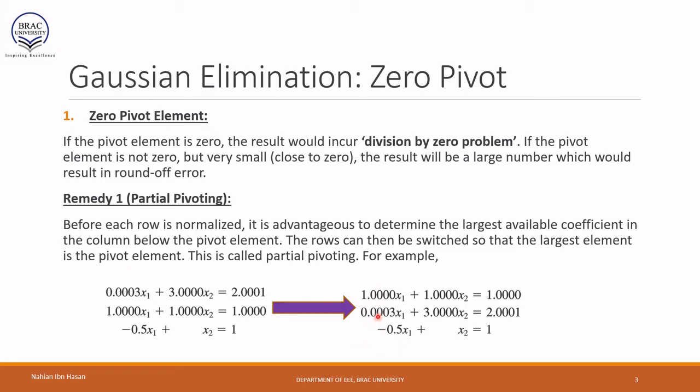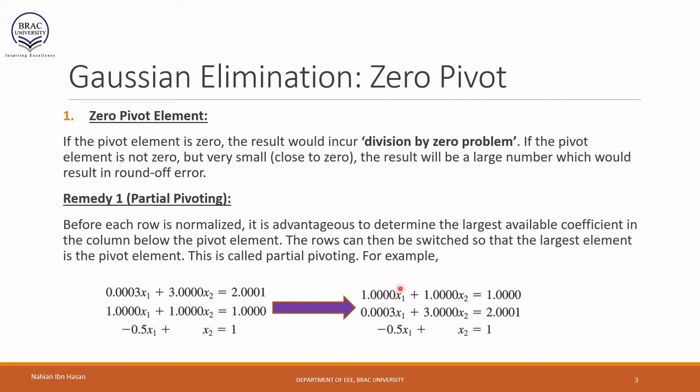Now if we start the Gaussian elimination approach, we have the pivot coefficient 1, and dividing by this value will not cause any problem, because dividing by 1 has no effect on the division. In this way we can use pivoting.